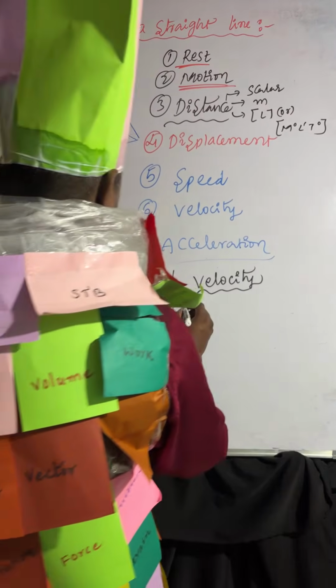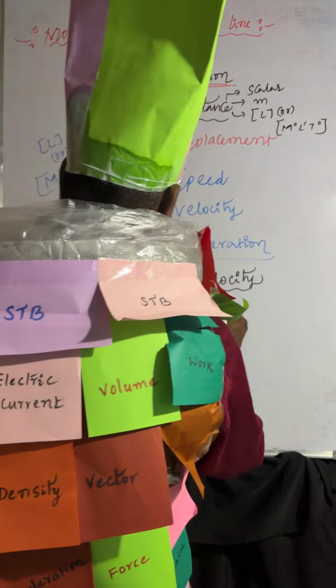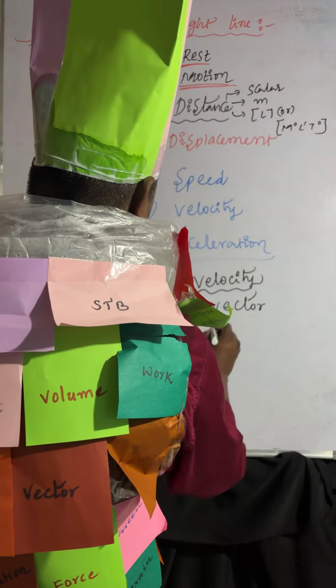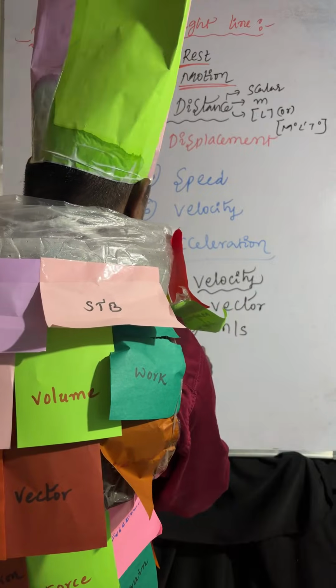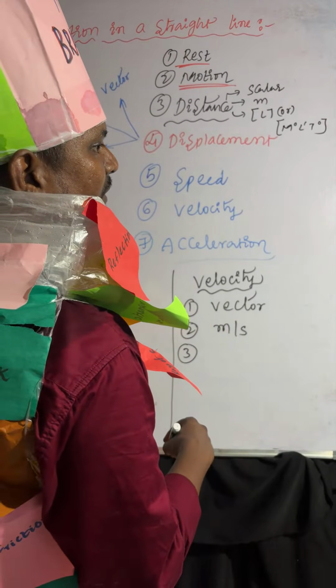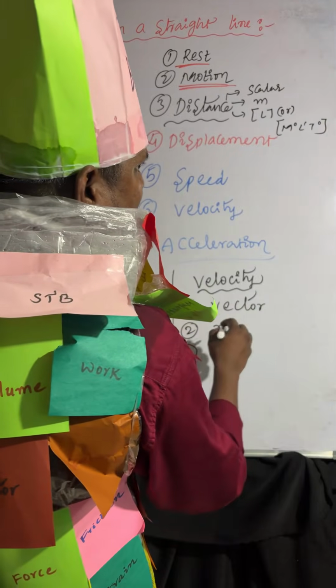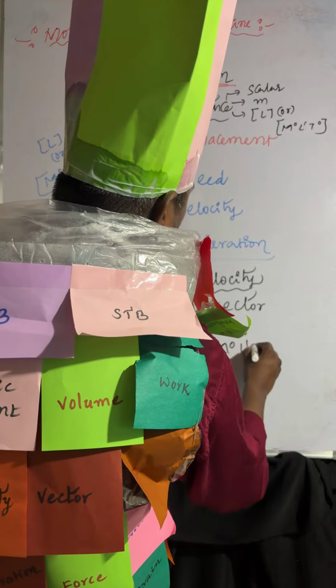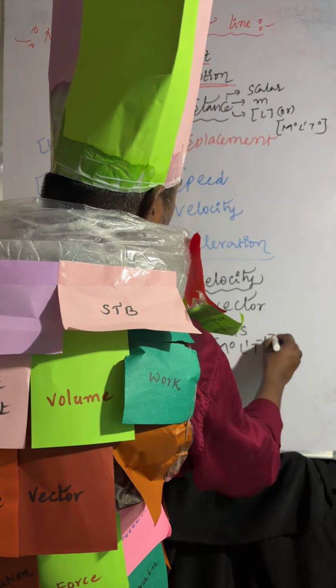Coming to velocity. First, velocity is a vector quantity. The unit is meter per second. The dimension formula is M power 0, L power 1, T power minus 1.